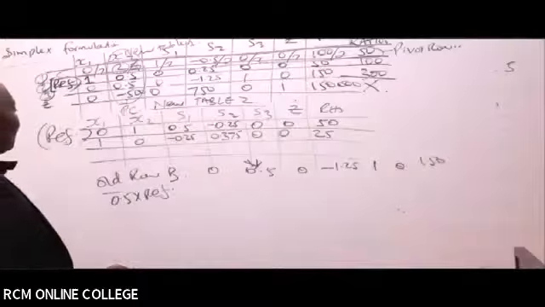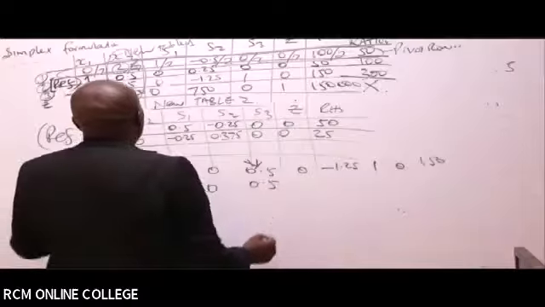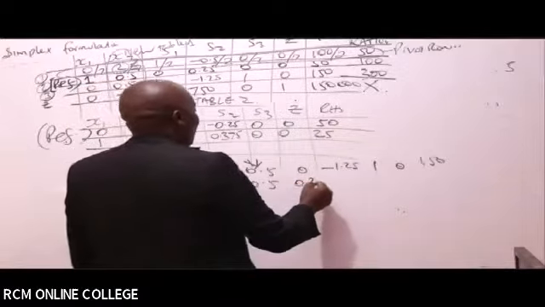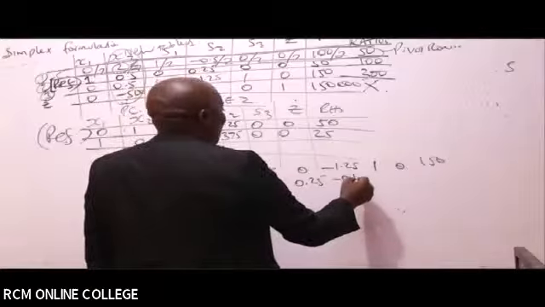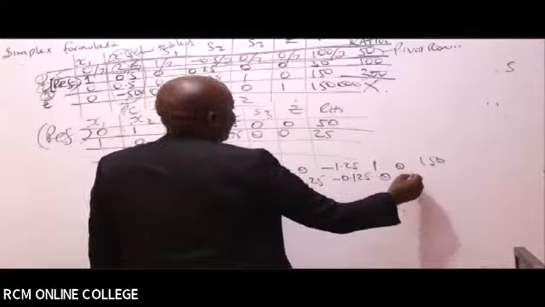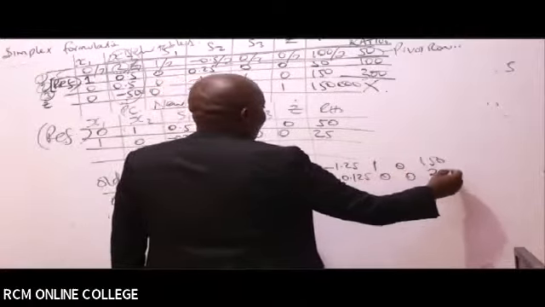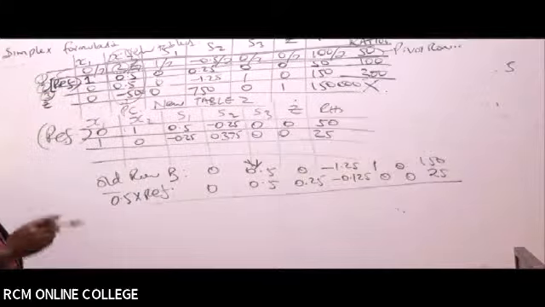Reference in the new, what do we have here? So the first one is 0, 0.5. Then we have 0.25. Yeah, this one is what you guys gave me, minus 0.125, if I'm not wrong. This one is 0, 0. This one here was 25. Same figures, basically.